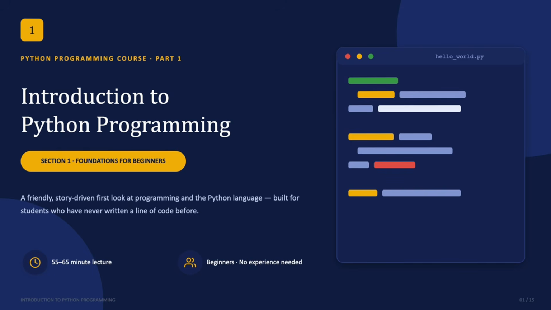We covered four core types: whole numbers called int, decimals called float, text called string, and true false values called boolean. And we covered basic operators like plus and minus for arithmetic and the percentage sign, which gives you back the remainder of a division rather than the division result itself.